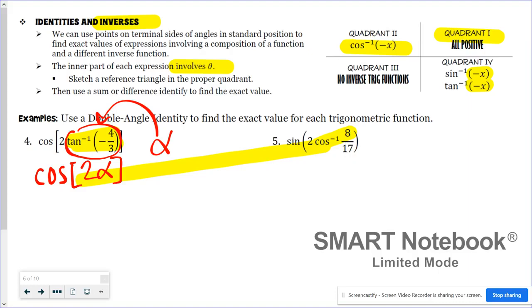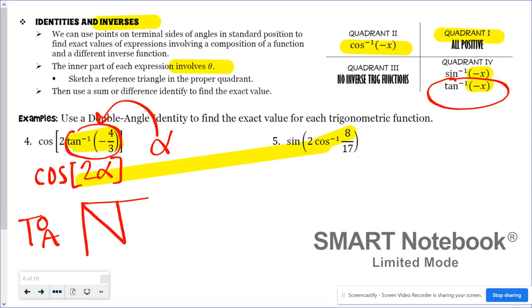So this being inverse tangent of a negative, inverse tangent of a negative means that I'm drawing my reference triangle in quadrant 4. And tangent, as we all know, is the opposite over the adjacent. So 4 and 3. And here in quadrant 4, the negative would go with the y value.